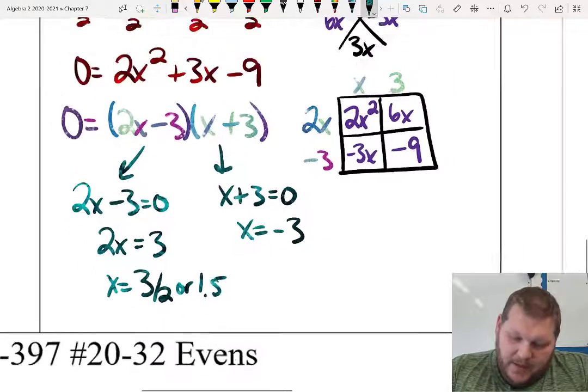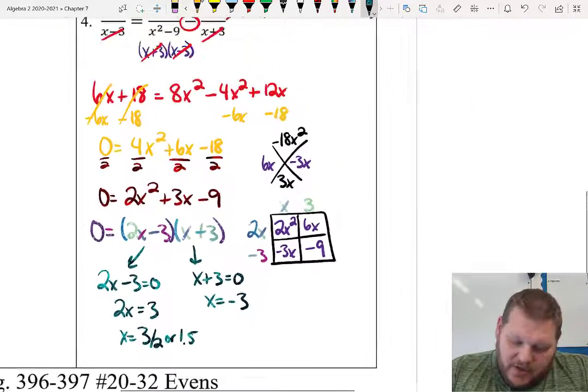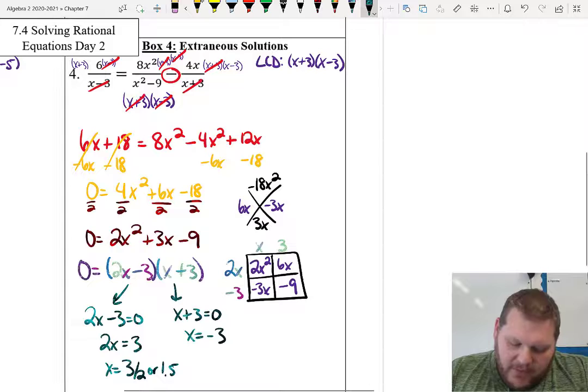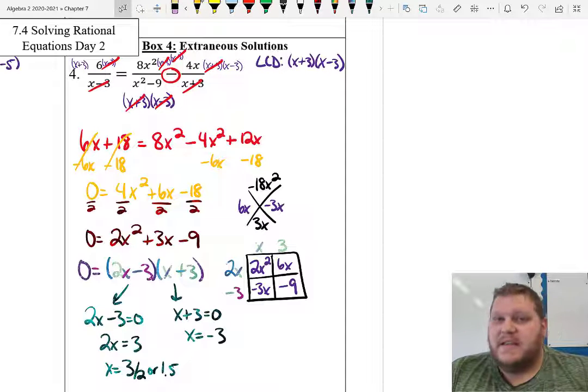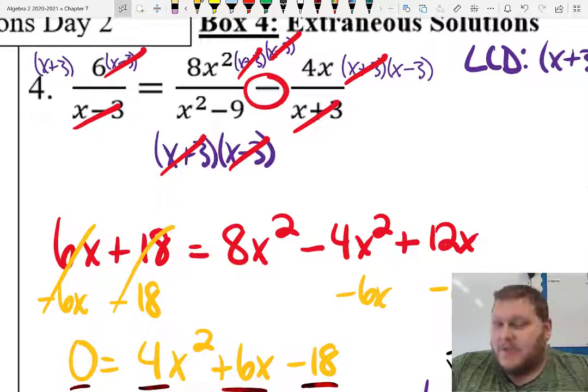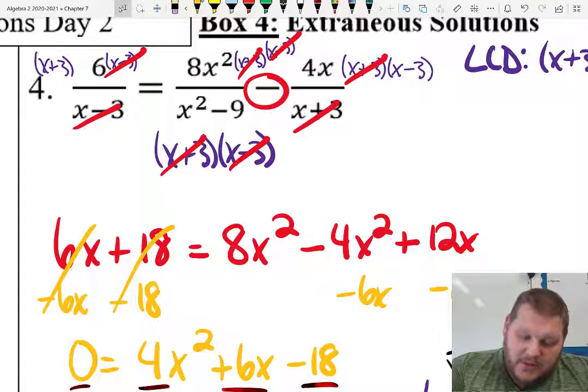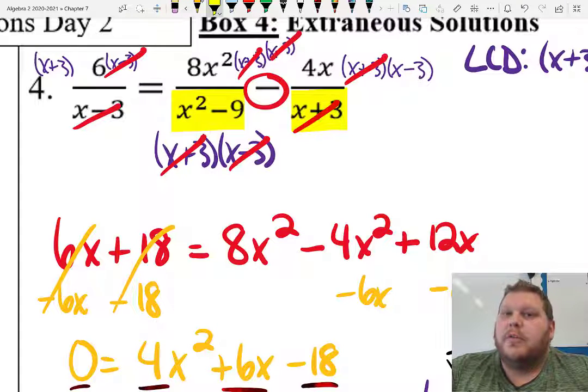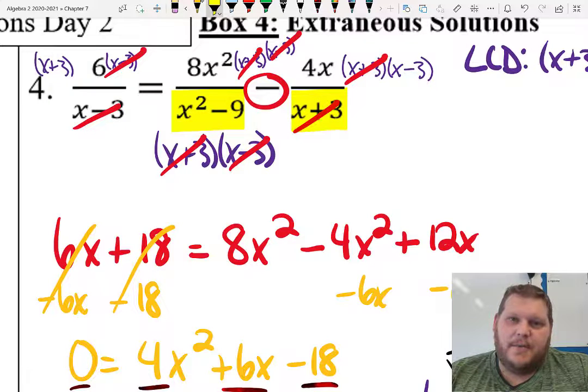So, again, what I have to check and be careful of before I box my answers in, I have to see if either of those solutions are going to give me a 0 in my denominator, which negative 3 is going to be an issue, because negative 3 plugged in either here or here are both going to give me 0 as that denominator, because negative 3 squared is 9, 9 minus 9 is 0, or negative 3 plus 3 is 0, which is going to give me a 0 for that denominator.